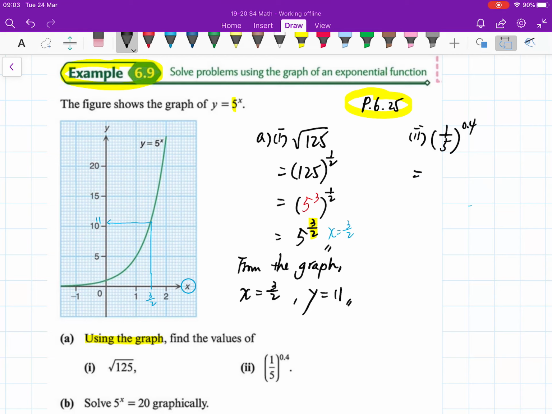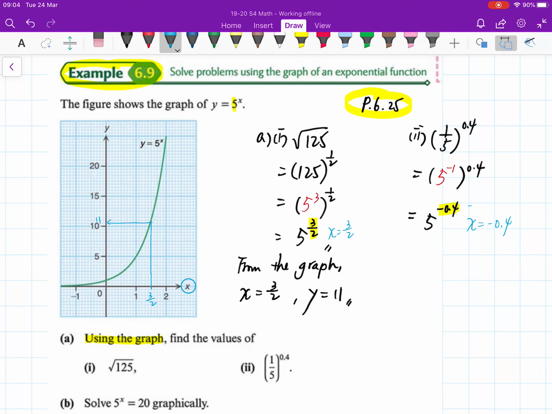So similarly for part A2, we have to do the conversion. Then for 1 over 5, we can change it into 5 to the power -1. And finally, we can get that it is equals to 5 to the power -0.4. So similarly to part A1, this time the value of x is equals to -0.4.